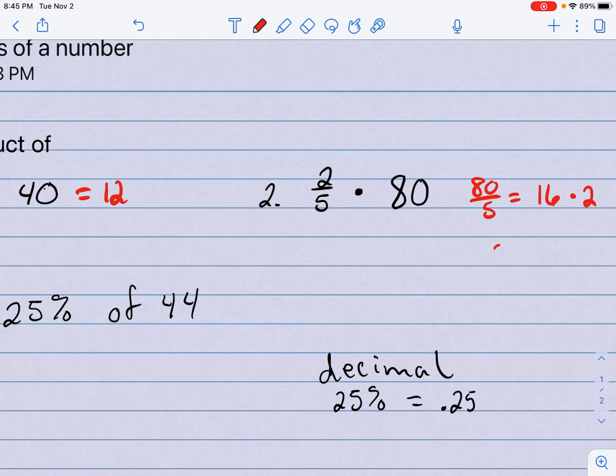So that's going to give me 32. You could simplify that. You could have taken 8 times 4, or just make it 8 times 0.4. 80 times 0.4, and you would have gotten the same thing of 32.